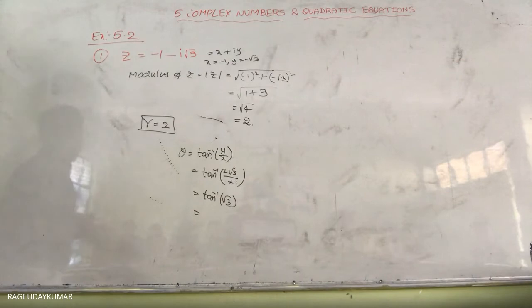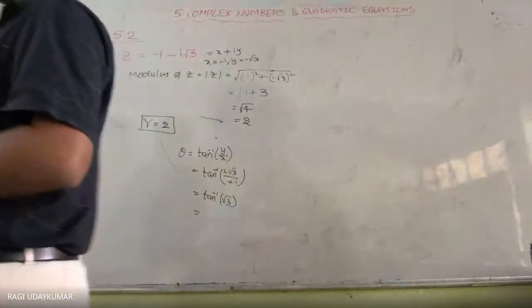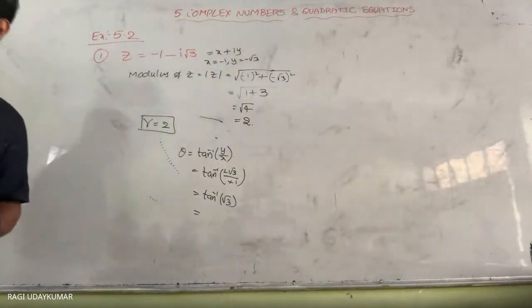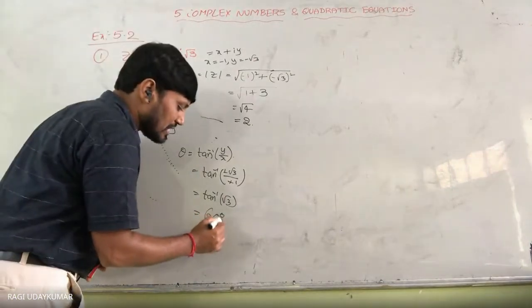What is tan inverse of root 3? Tan inverse means the angle whose tan is root 3. Where does root 3 come? At 60 degrees, right? Tan 60 degrees is root 3. So this is equal to 60.